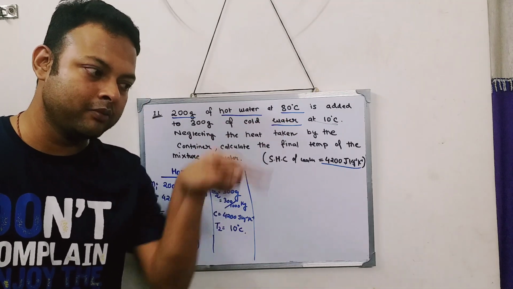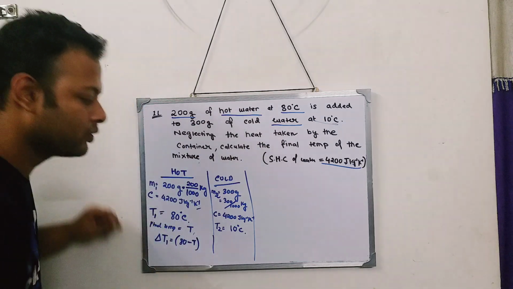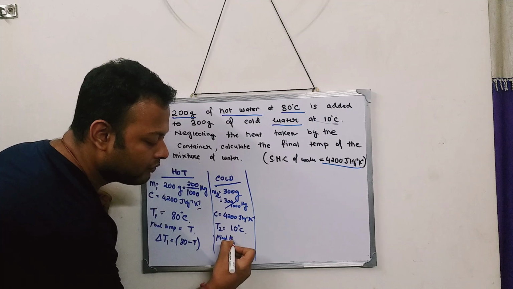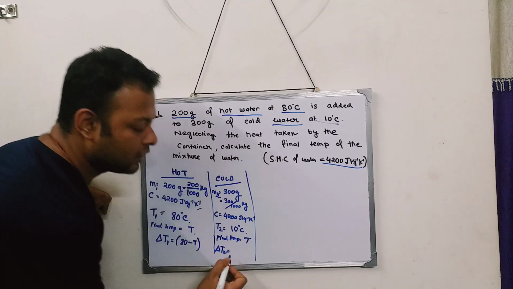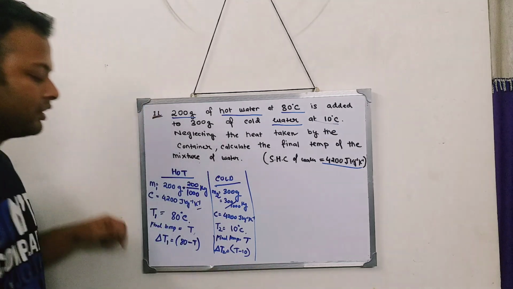So it will be T minus 10, that delta T value, higher minus the lower. So delta T2 is equal to final minus initial, that is T minus 10. That is your delta T.